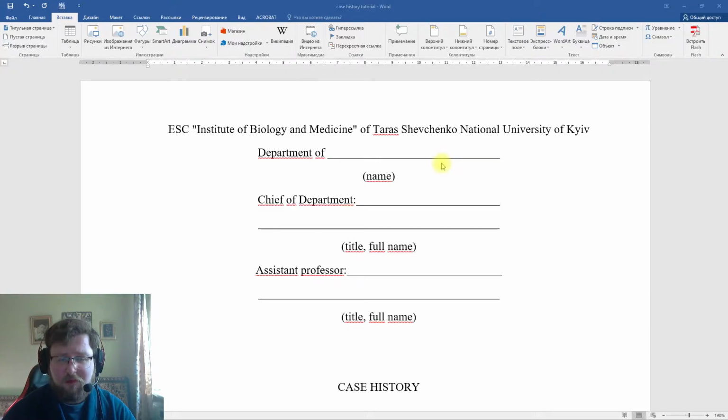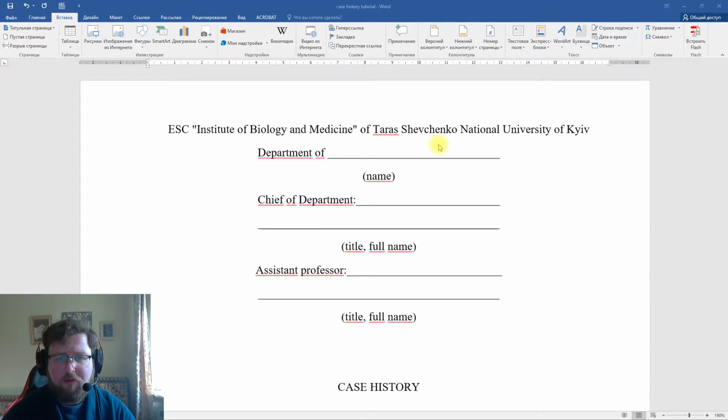So, as we are learning general surgery, it seems to me that the most familiar way to find out about the subject of surgery and the clinical aspect of general surgery is to write a case history about one of the most common surgical diseases.